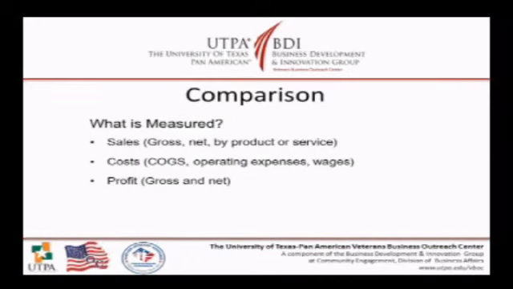Profit, you might want to look at gross profit, which is your revenue minus your cost of goods sold. You might want to look at your net profit, which is your revenue minus all your expenses. Basically, how are you doing January of year one compared to January of year two?